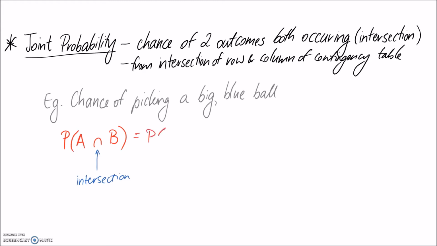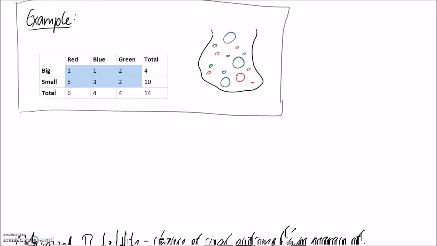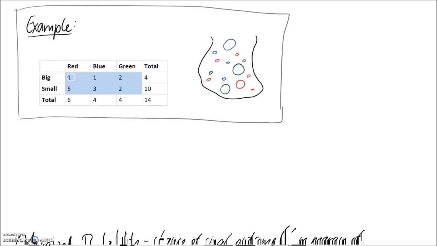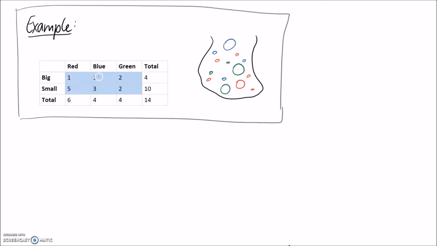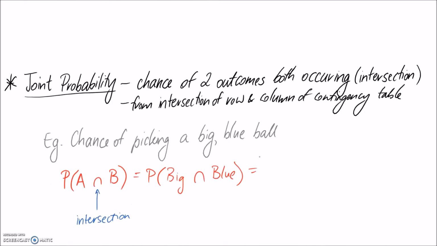So we want big and blue. If we go back and look at our contingency table, we should be able to see how many there are. Big and blue is going to be this cell here. That's the intersection of a row and a column. So it's going to be 1 out of the total, which is 14. We can write this as 1 divided by 14.